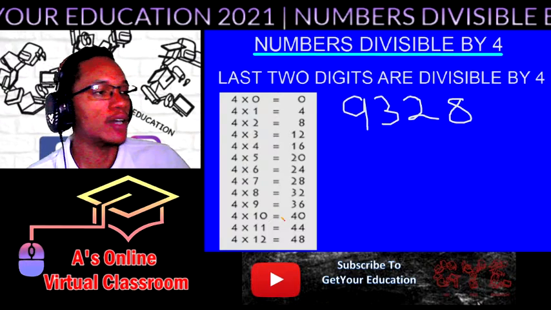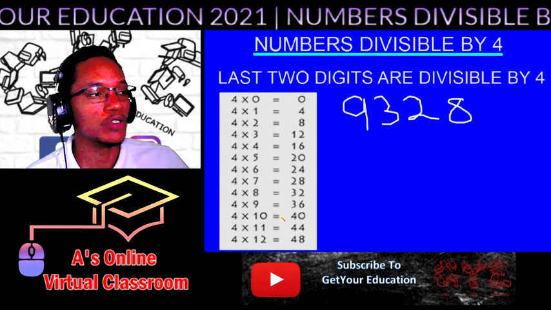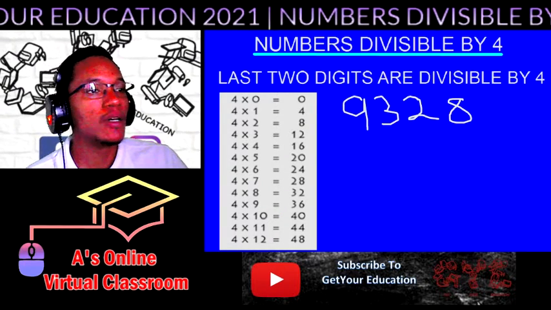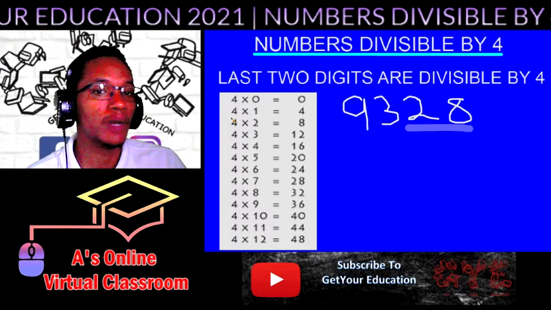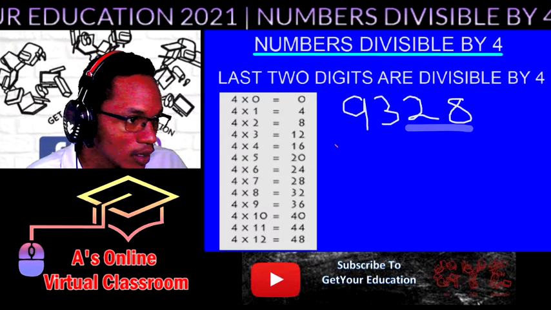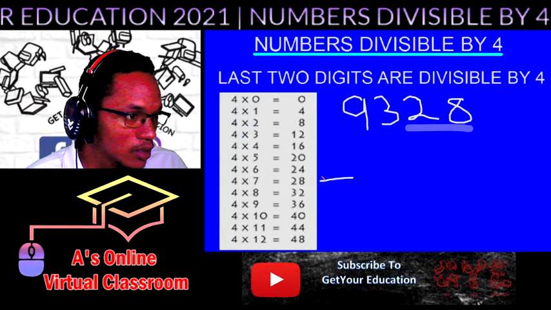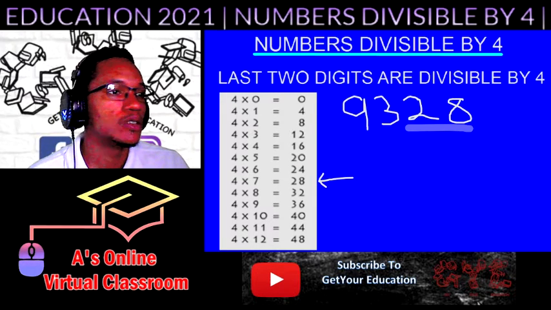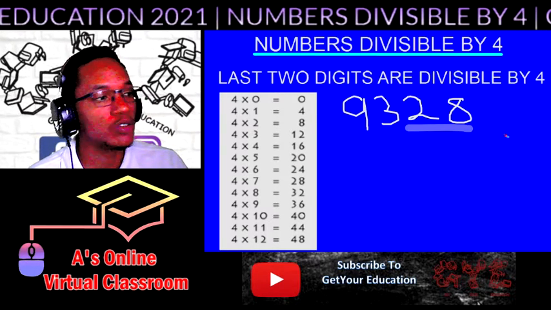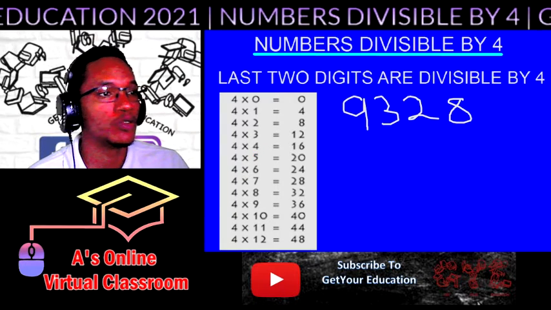So just looking at this number, 9,328, because the last two digits are divisible by 4, which we could see here, 28 could be divided by 4 7 times, that means the entire number 9,328 could be divided by 4.